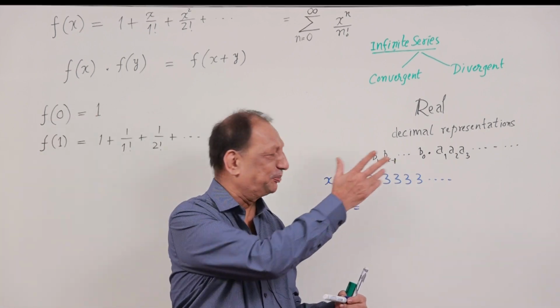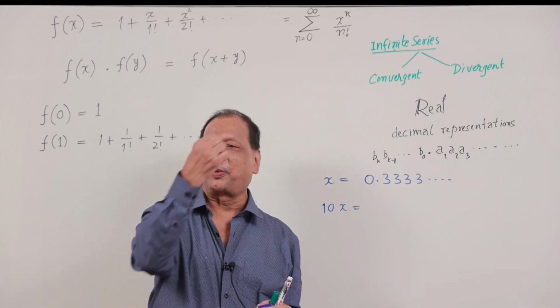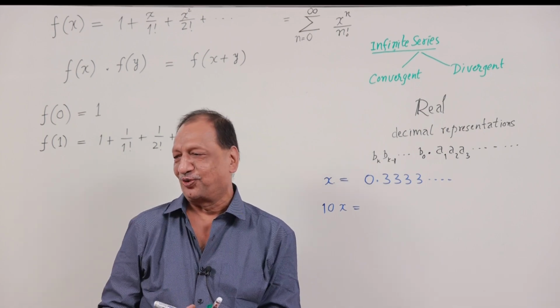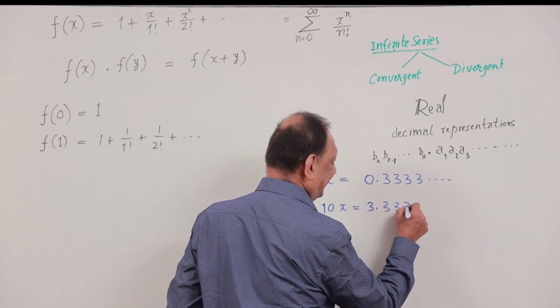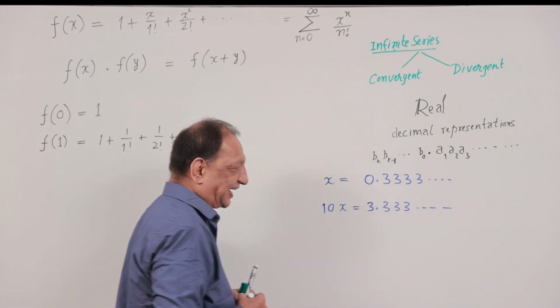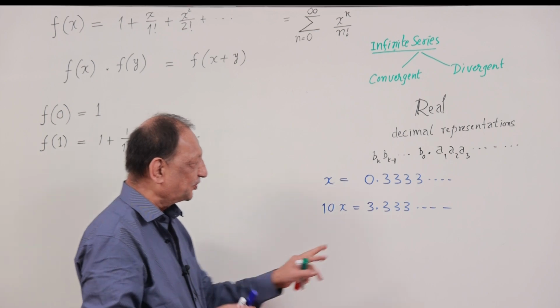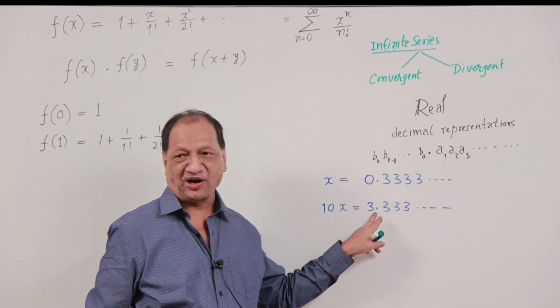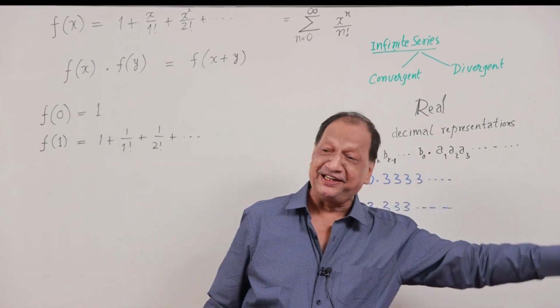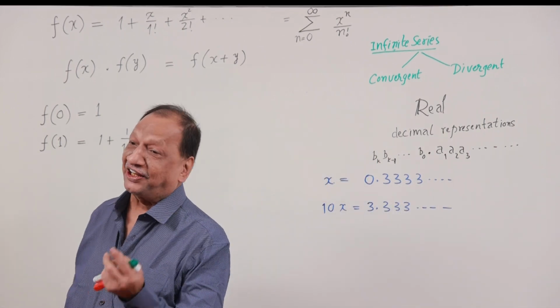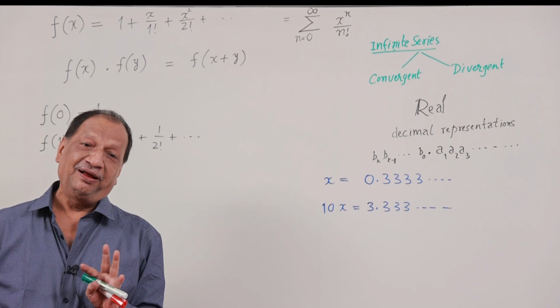10x is simple in decimal positional number: move the decimal point to the right by one place. No, we know how to do that multiplication. It will be 3.333. Actually speaking, we are supposed to have one less 3 here after the dot when compared to the previous, right? But then because it is infinite number, what is 1 less than infinity?